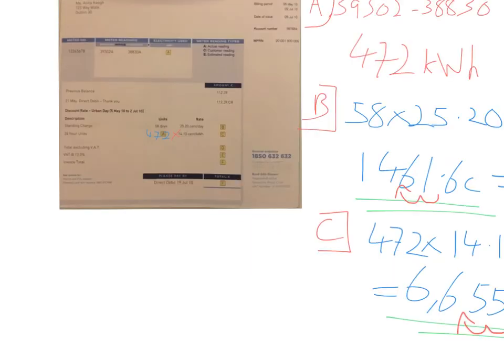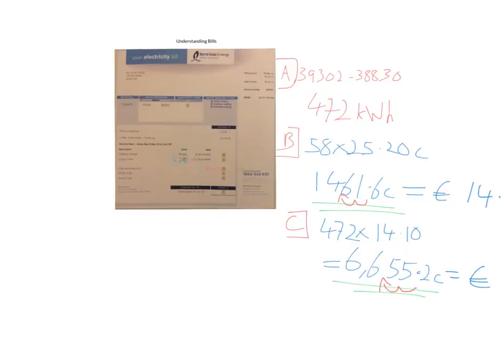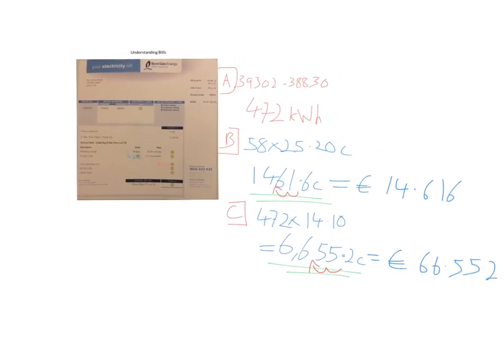Now, the next subheading we have is the total excluding VAT. So how much all of the electricity bill costs before tax is added on. So to get this figure here, D, the total, what we're going to do is add the two prices, B and C, together. So B and C together will give us our total D. We can do that down here below.